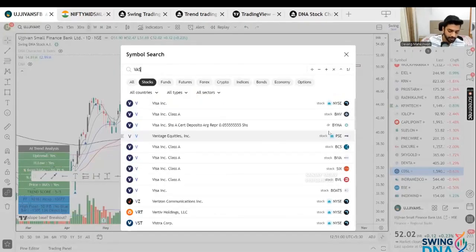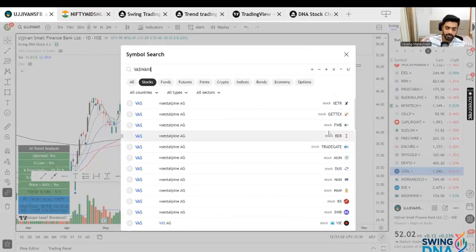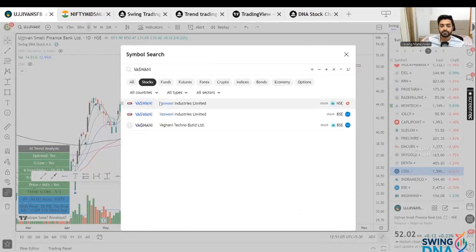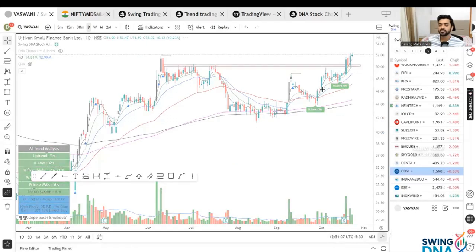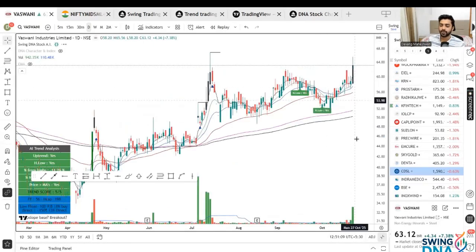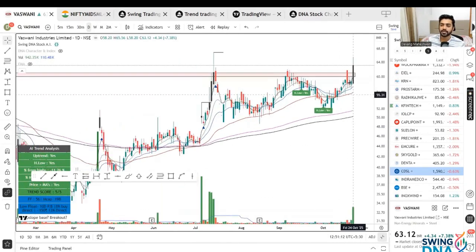On the same day, if we have something like Swani, we focus here, where you have big momentum, big volume coming in. That's where we want to focus.